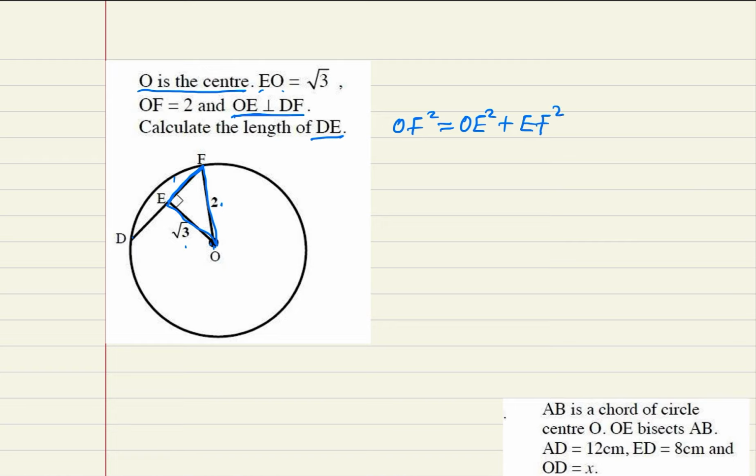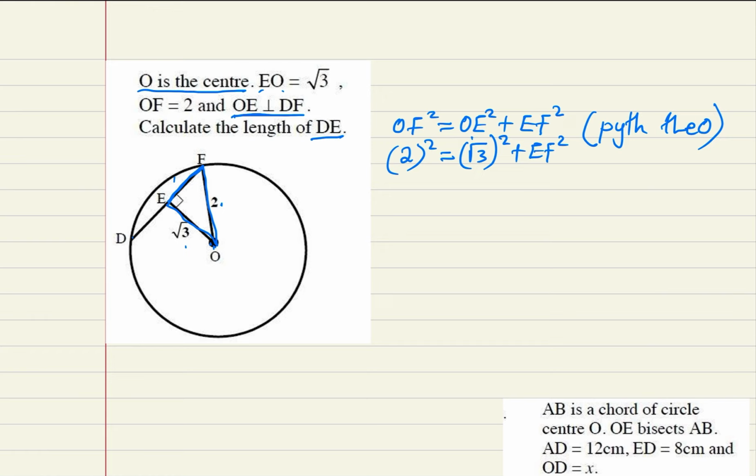Why is it so? It's because this is a Pythagoras theorem. Now let us substitute. What is OF? OF is 2, all squared, is equal to square root of 3 all squared plus EF squared.